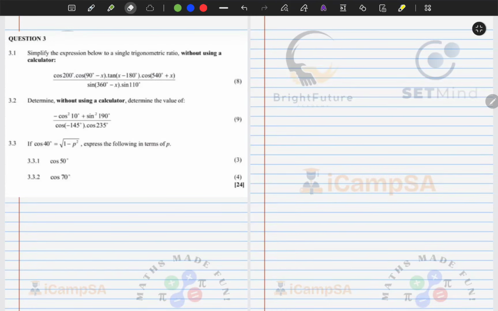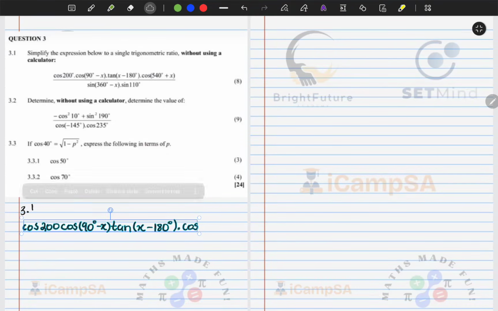With 3.1, what we are given is cos of 200 degrees, times cos of 90 minus x, multiplied by tan of x minus 180 degrees, and then multiplied by cos of 540 plus x.